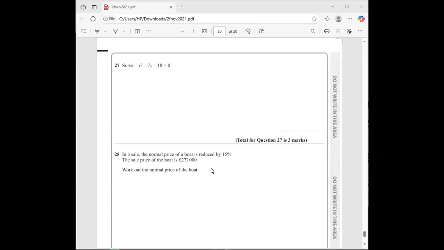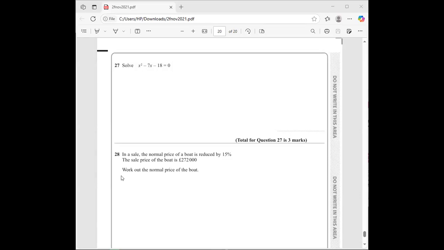Okay, we prefer that method. Let's see. So 100 minus 15, that would be 85. Yes, that would be 85.